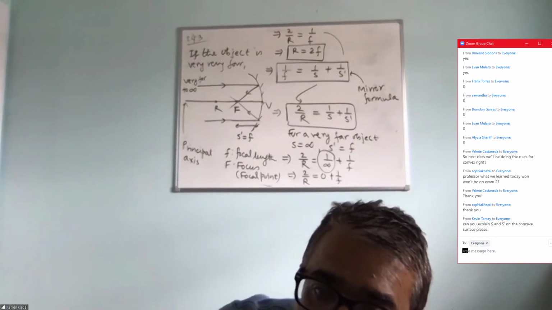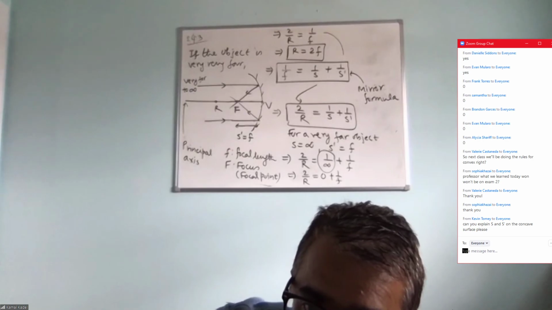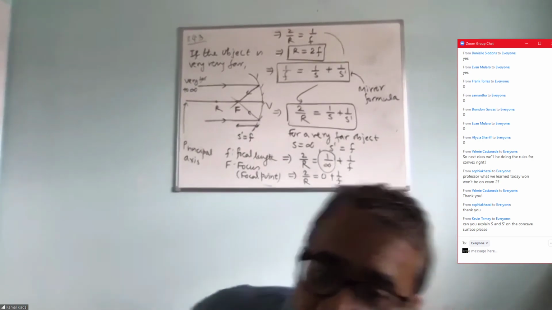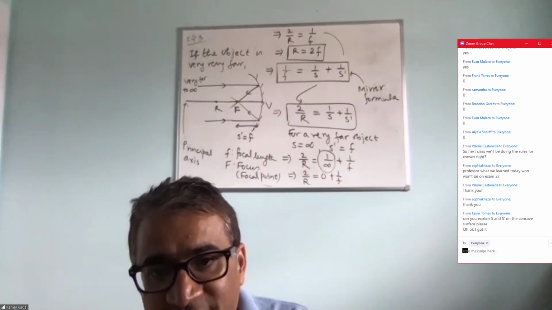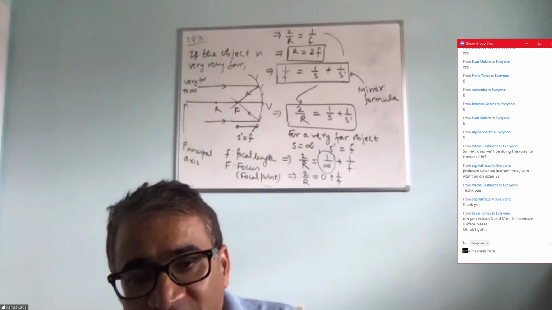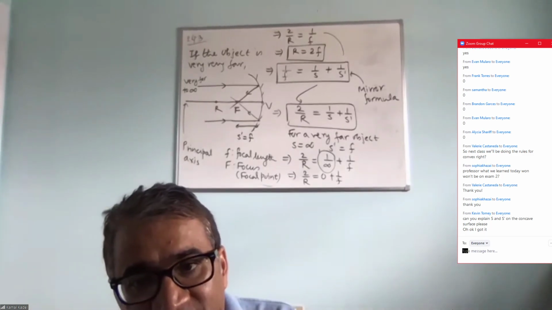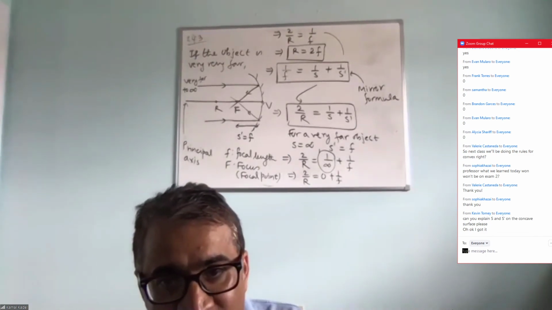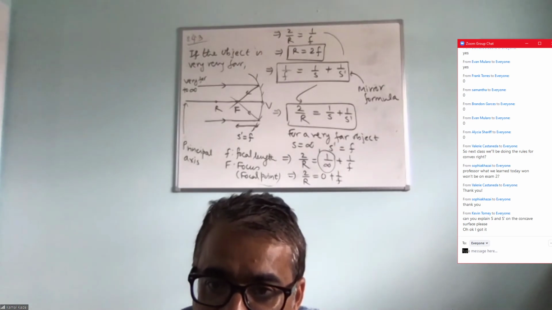And then from I to V is S prime. From our sign rule, the image is formed on the same side as the outgoing or reflected rays, so S prime is positive, because S prime and the reflected rays are on the same side of the reflecting surface, right?